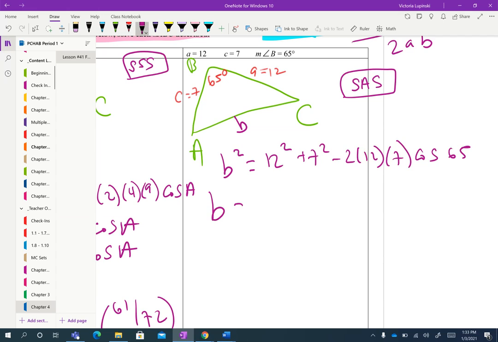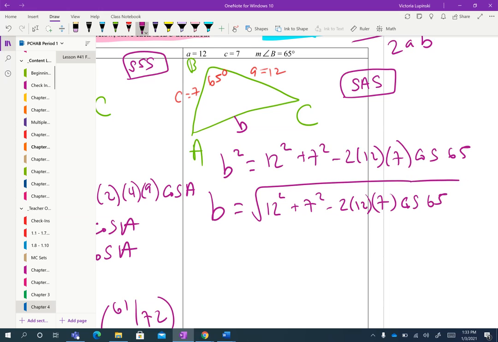I think the easiest thing you can do in this case is just plug that into your calculator exactly as it appears. So the square root of 12 squared plus 7 squared minus 2 times 12 times 7 times the cosine of 65. I know that seems messy, but there really isn't anything crazy going on there.